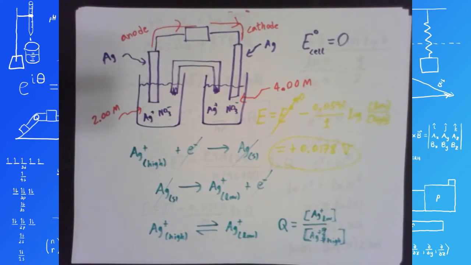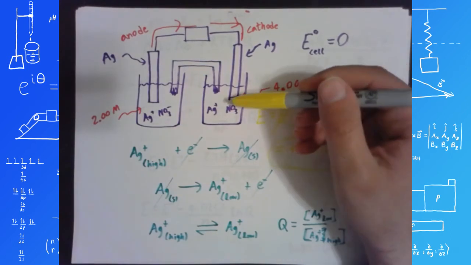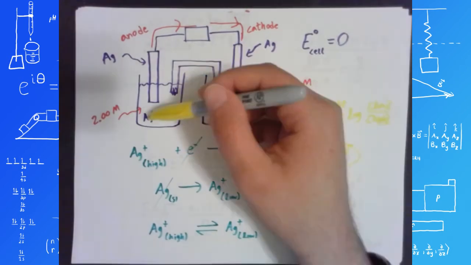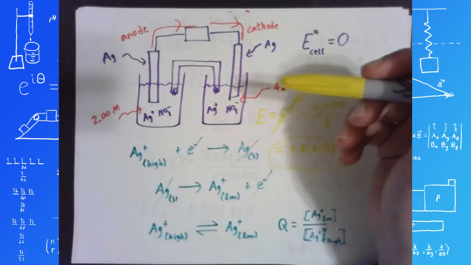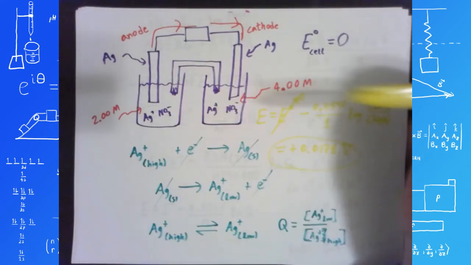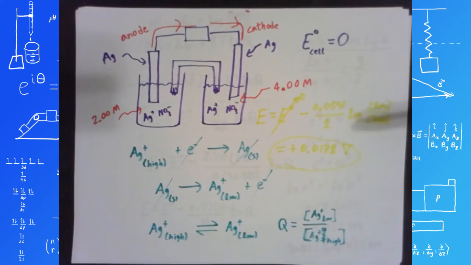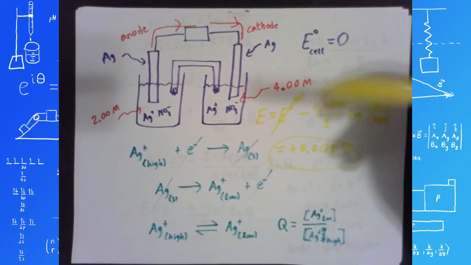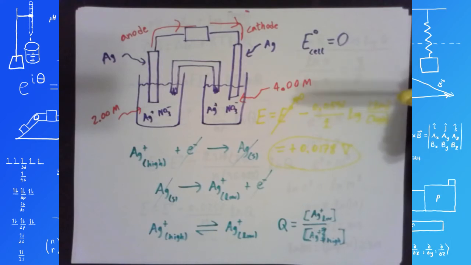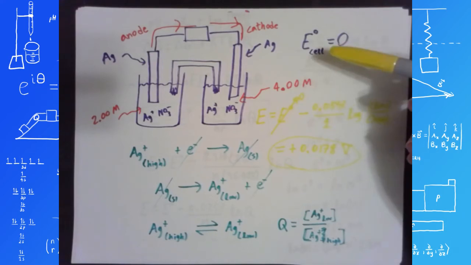A positive value, which indicates that, yeah, the spontaneous process is for the high concentration to drop and the low concentration to rise. And this will keep on occurring, of course, until the concentrations become equal, at which point the low to high concentration ratio becomes 1 to 1, and the log of 1 is 0.